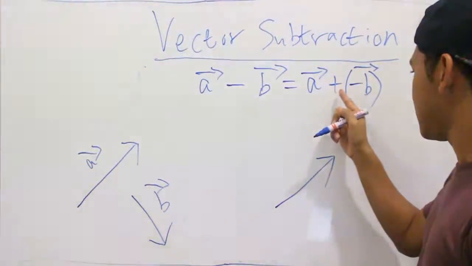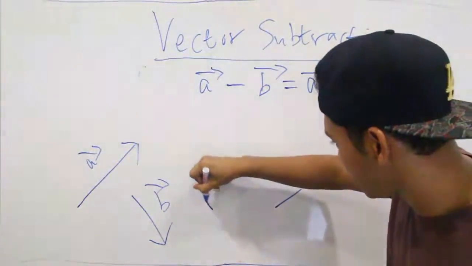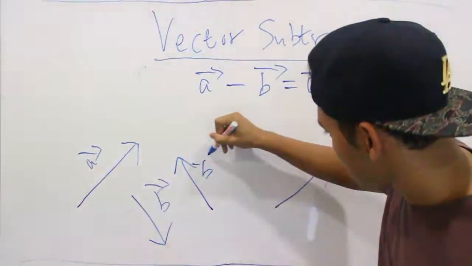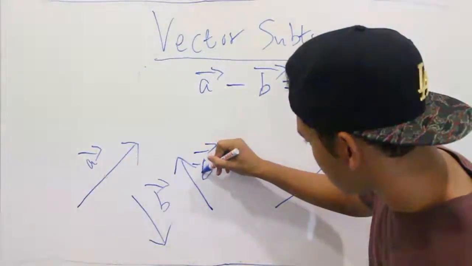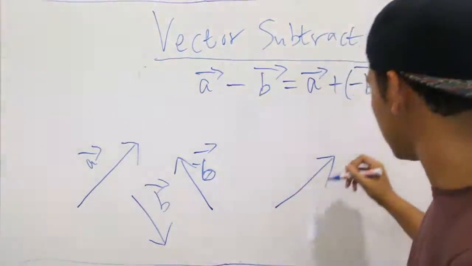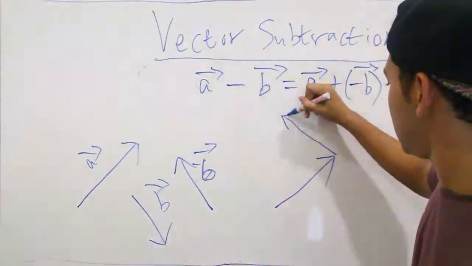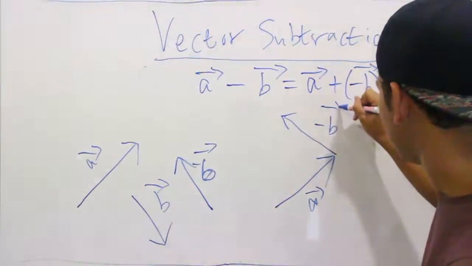Add the opposite of vector B. Now the opposite of vector B goes this way, like this. This is the opposite of vector B, head to tail. This is vector A, and this is negative B.